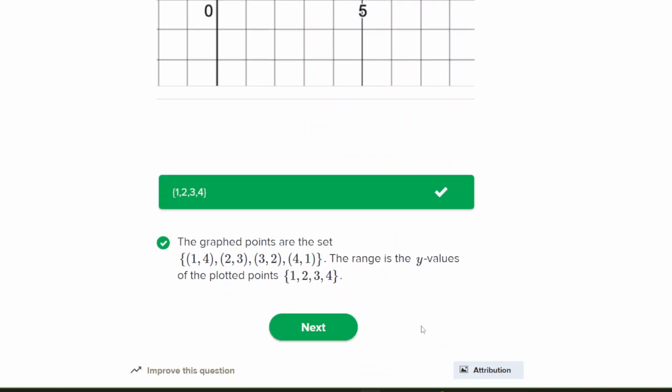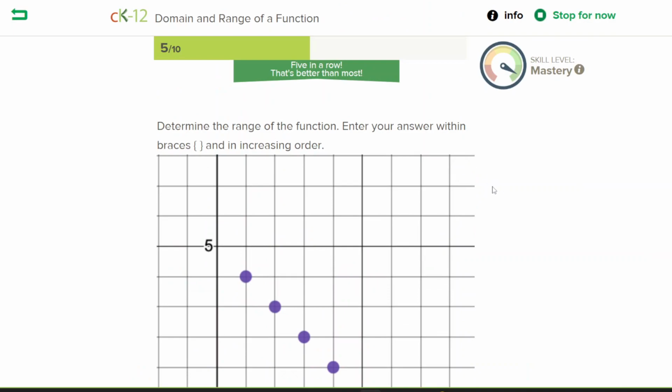Wonderful. All right, and that's all I'm going to do. All right, so we saw here in this video the definition of a relation, right? A set of ordered pairs, the domain of a relation, the set of all the first coordinates of the ordered pairs or the x values, the inputs, the range, right? The set of all the y coordinates, the second coordinates, the y values, the outputs of the relation, and the definition of a function, right?